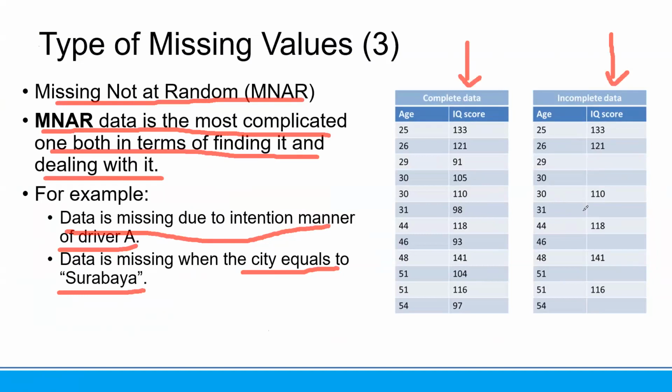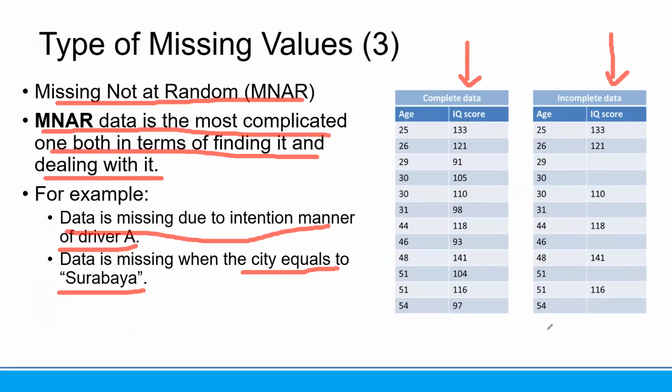Is this missing not at random? What is the pattern about the missing value here? Okay, that's good.